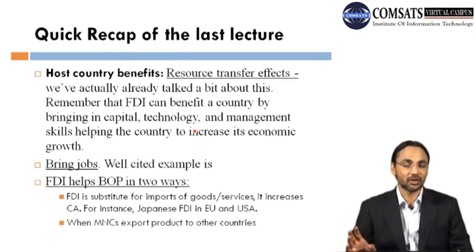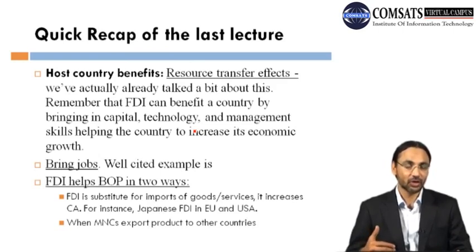For instance, we have explained the example of the automobile industry, when Japanese automobile companies invested through FDI in the USA. What was the benefit? How did Japanese FDI affect the balance of payment of the USA?